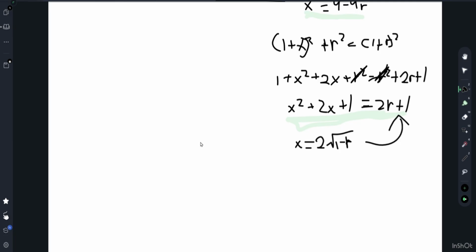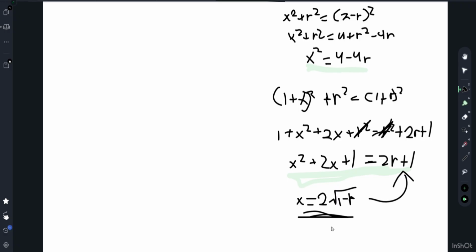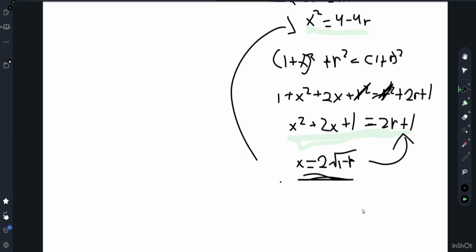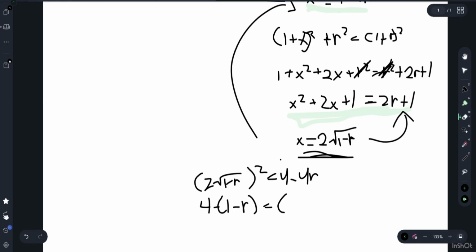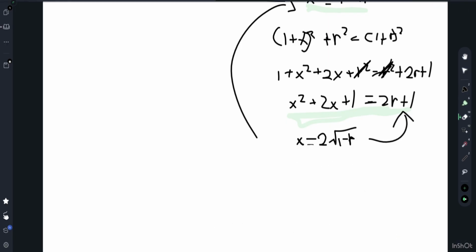Let's see, what else can we do to work with it? Now let's plug in the x we found into the equation x squared plus 2x plus 1, because we got it from the other equation.